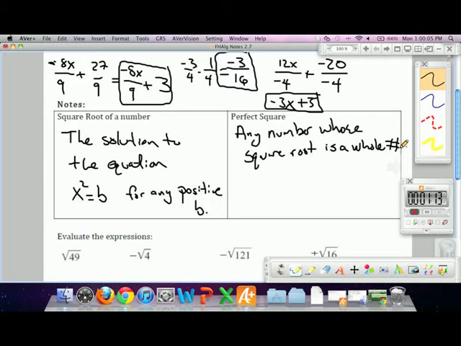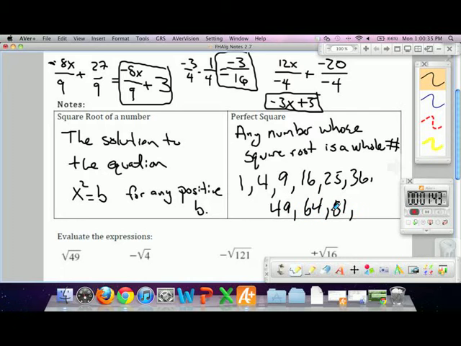Let's start at 1. So what's 1 times itself? What's 1 times 1? Okay, there's our first perfect square. What's 2 times itself? What's 3 times itself? 16, 25, 36, 49, 64, 81, and 100 are the first 10 perfect squares.